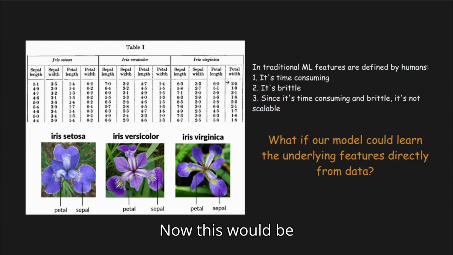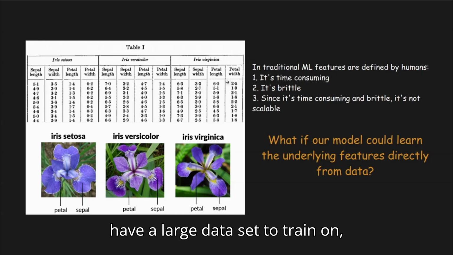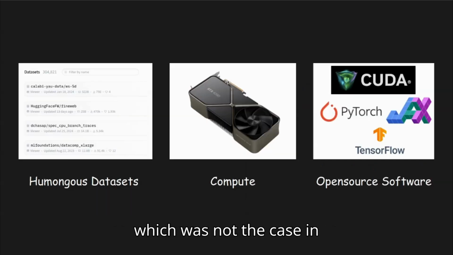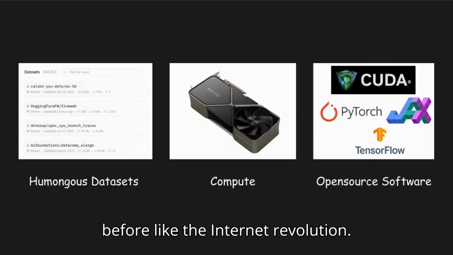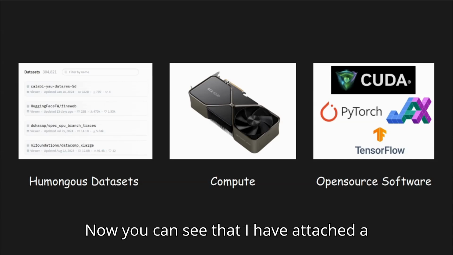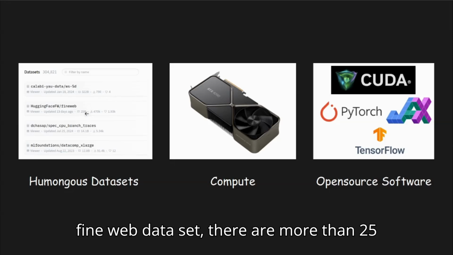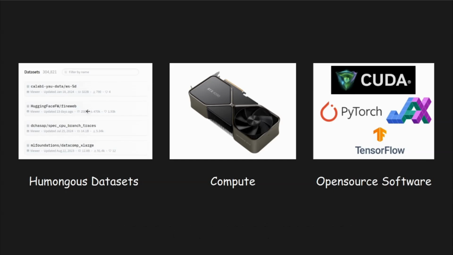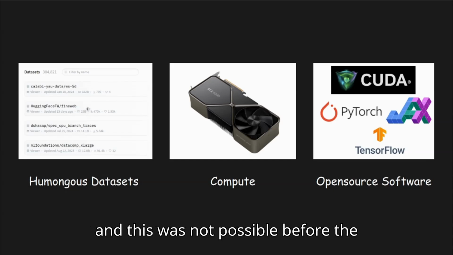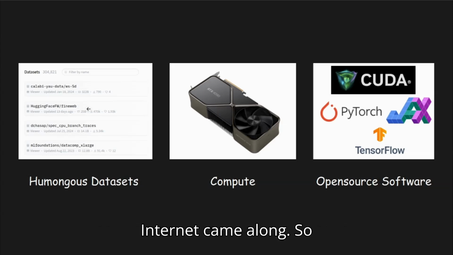Now this would be possible if we have a large dataset to train on, which was not the case before the internet revolution. You can see that I have attached a screenshot from Hugging Face, and in the FineWeb dataset there are more than 25 billion rows, and this was not possible before the internet came along.